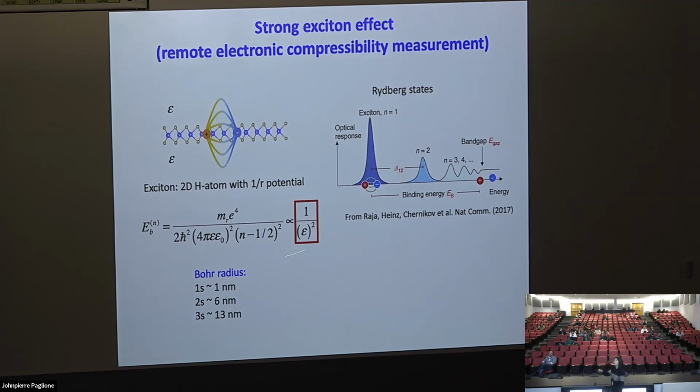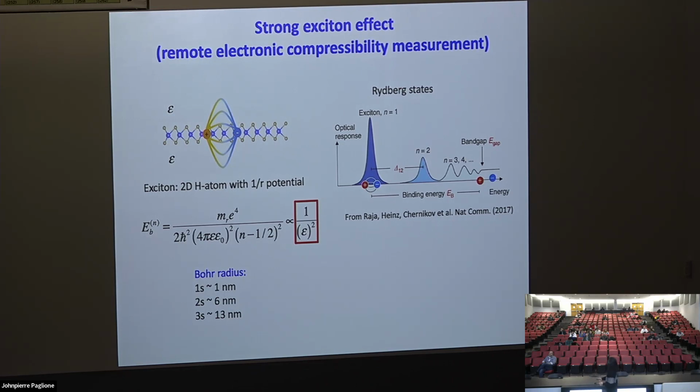So this binding energy is sensitive to the dielectric environment. In the case of this fundamental exciton, the Bohr radius is relatively small, on the order of 1 nanometer, and the 2s, 3s become bigger and bigger.